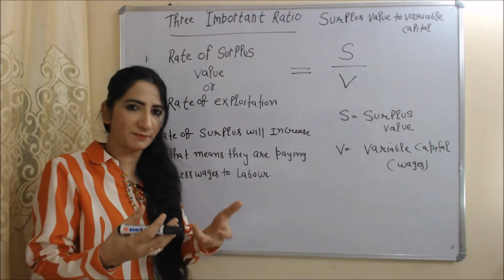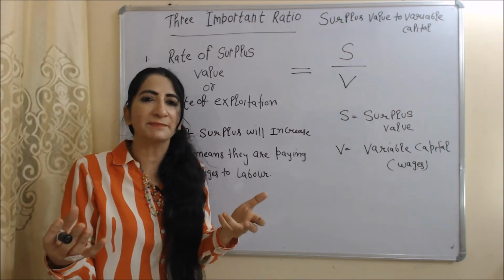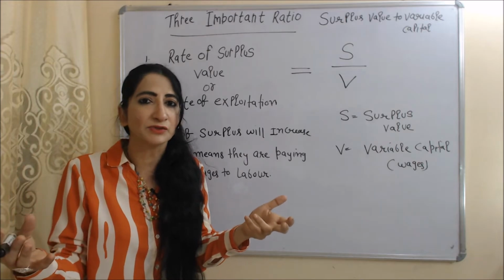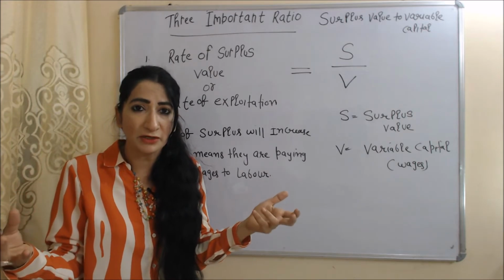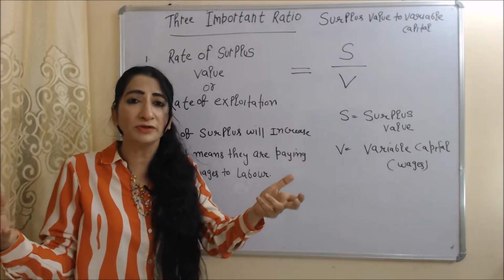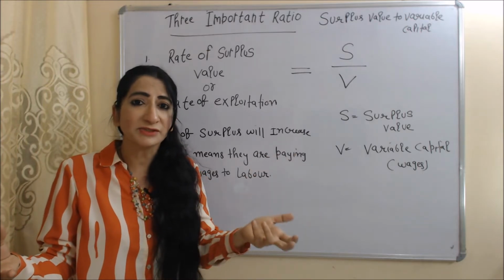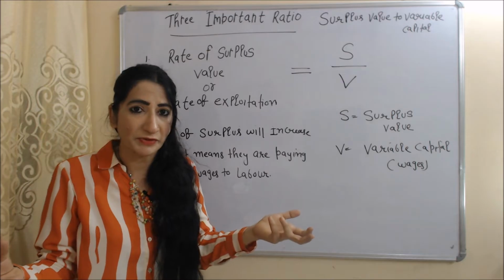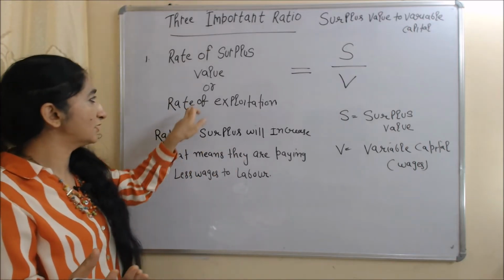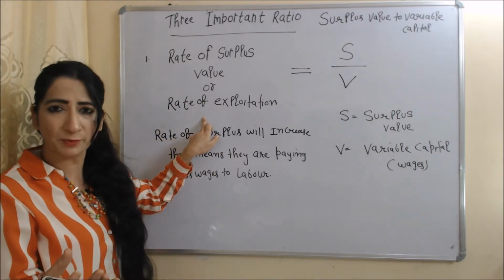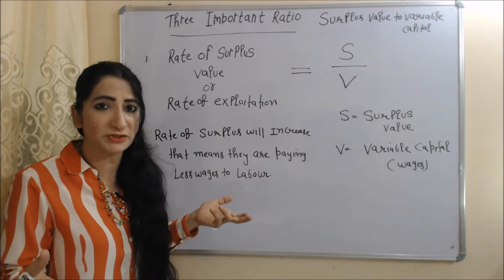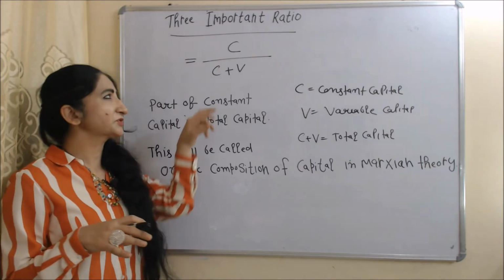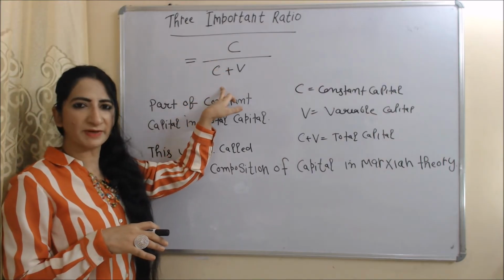If the rate of surplus value increases, that means capitalists are paying less wages to employees, and capitalists want to increase their surplus value, or we can say they want to increase their profit. That's why they pay less wages to employees. That's the reason this value is also called the rate of exploitation, because by paying less wages they are exploiting labor.